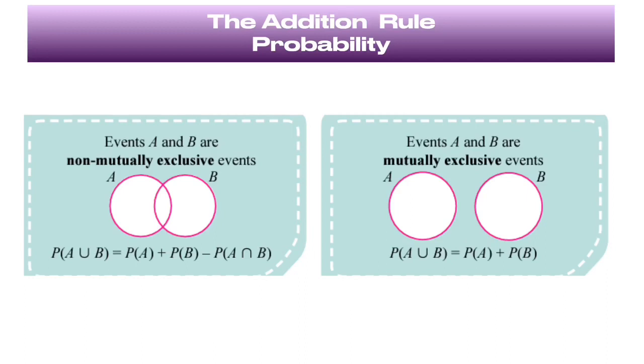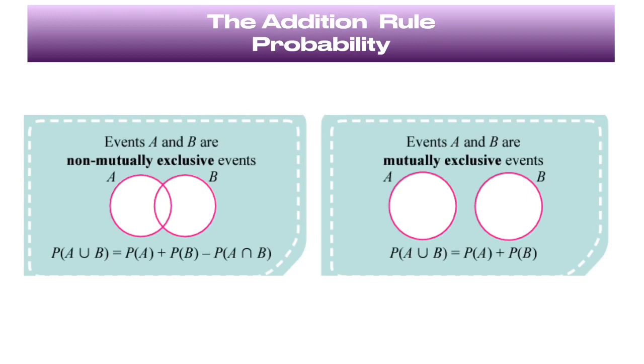Whereas for event A and B that are mutually exclusive events, the probability of A union B is just equal to probability of event A plus probability of event B, because for mutually exclusive there is no intersection between the two sets.